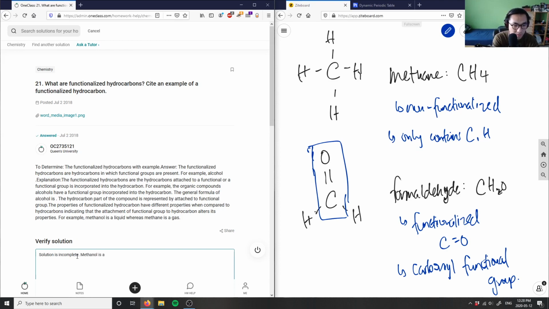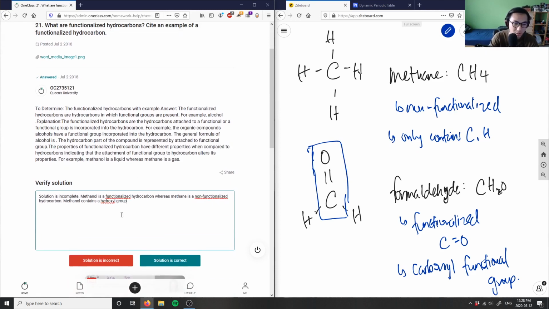Methanol is a functionalized hydrocarbon, whereas methane is a non-functionalized hydrocarbon. And methanol contains a hydroxyl group. Remember, I used formaldehyde as an example. They're using methanol here, so I'm just going to go with this one.